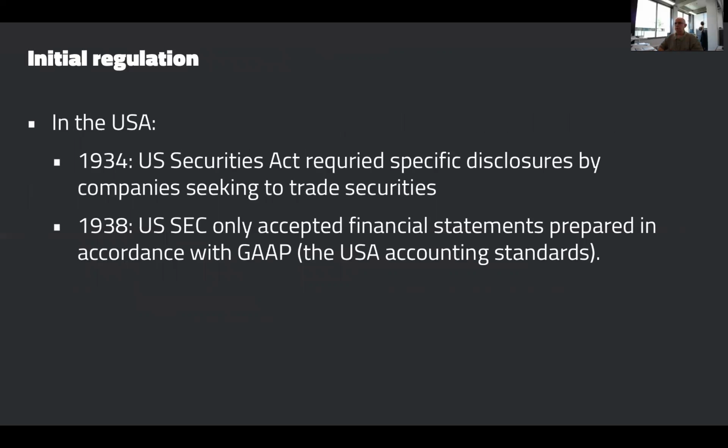So in the USA, the first formal regulation of accounting information came in 1934 with the US Securities Act, which required specific disclosures, minimum disclosures by companies seeking to trade securities in the United States. And in 1938, the SEC would only accept financial statements prepared in accordance with the generally accepted accounting principles, or GAAP, which is what the USA refers to as their accounting standards.